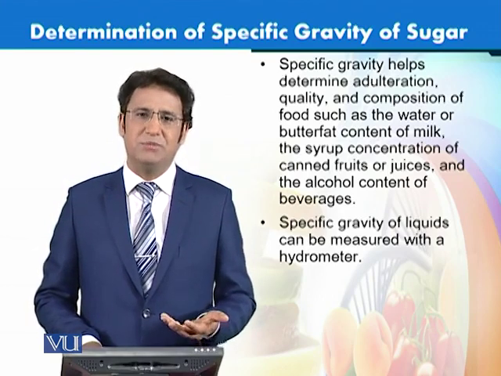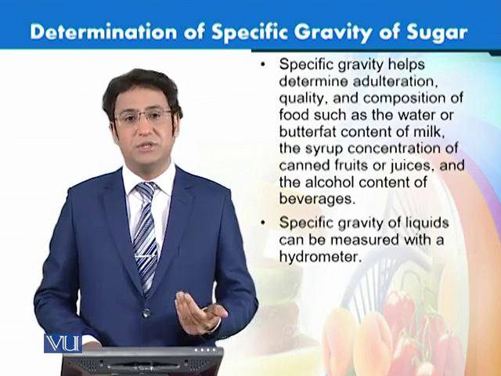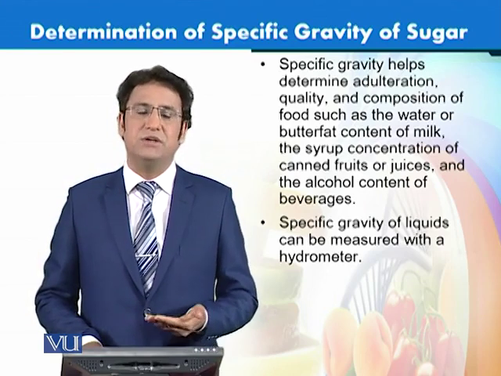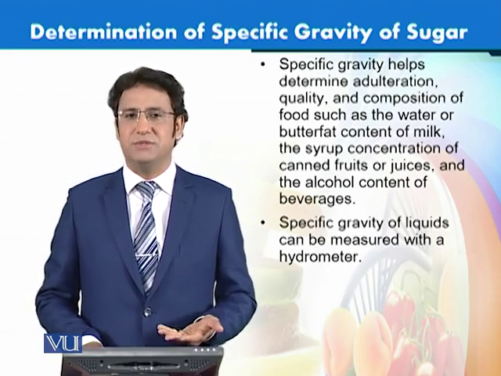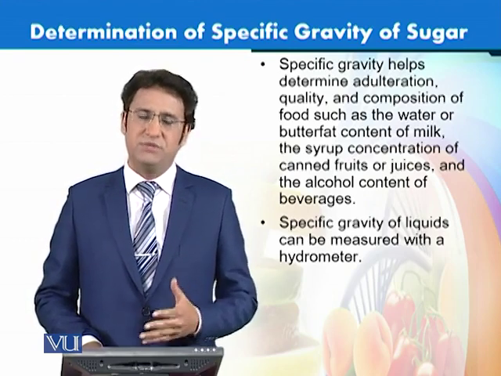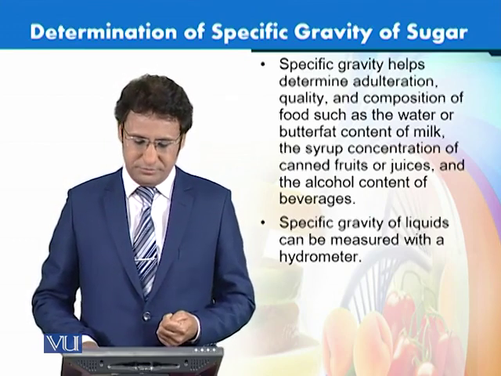Similarly, fruit juices can be tested for whether they have added sugar, or if they have enough sugar or not, or what the sugar level is in different fruits. Alcohol content of different beverages can also be determined using these principles. So adulteration is one of the major reasons why we use this specific gravity principle.